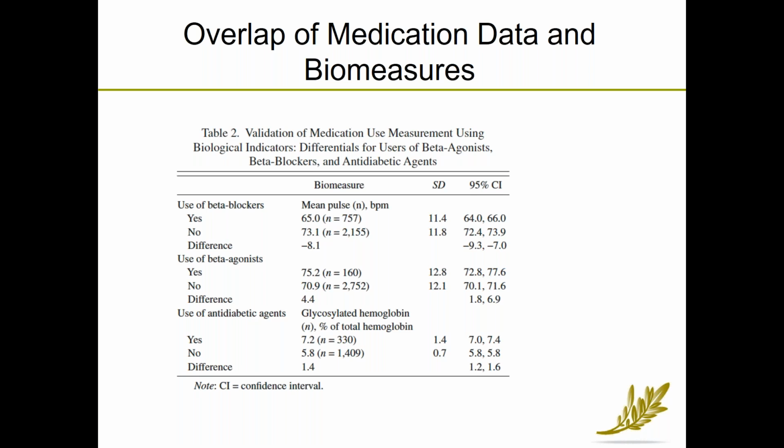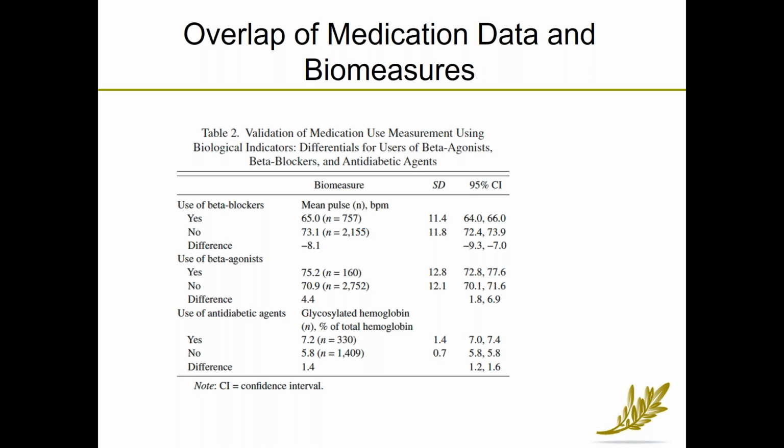On the other hand, we do prescribe beta agonists for people, and they have the opposite effect of a beta blocker. They can increase the pulse, and in this case, those who take beta agonists have a slightly higher pulse compared to those who do not.